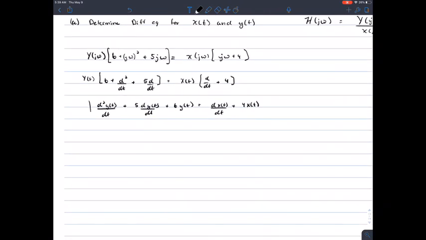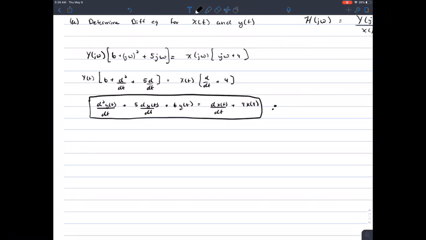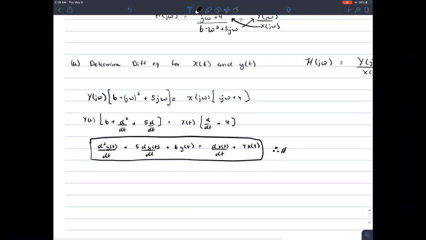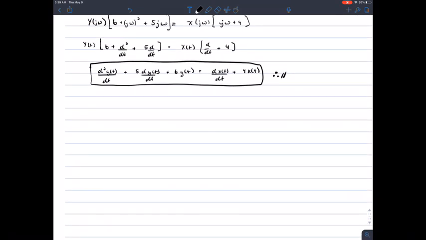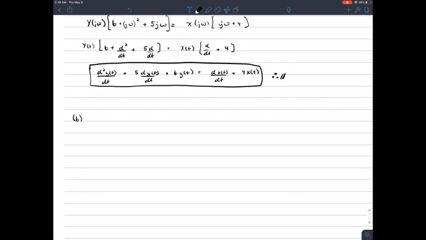Let's circle all this for you guys so you can know what the answer is. Okay, so part B. Alright, determine impulse response, which is going to be h of t.